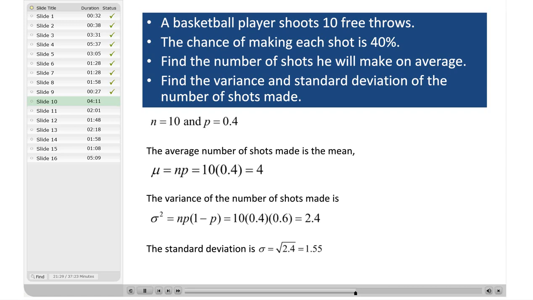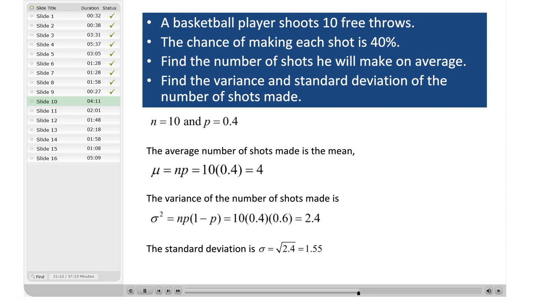Sometimes he'll be below 4. Sometimes he'll be above 4. But in the long run, those numbers are going to average out to 4. The standard deviation tells us about how far away from 4 he will typically be. So since the standard deviation is 1.55, that means he'll make about 4 shots on average, plus or minus about 1.5 shots.